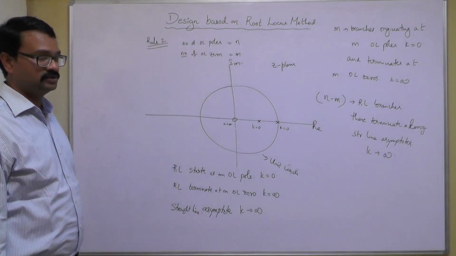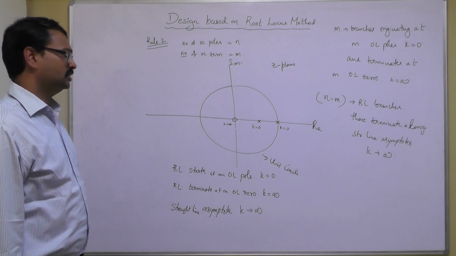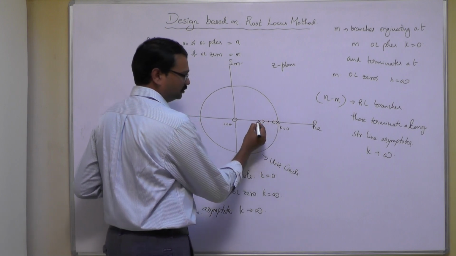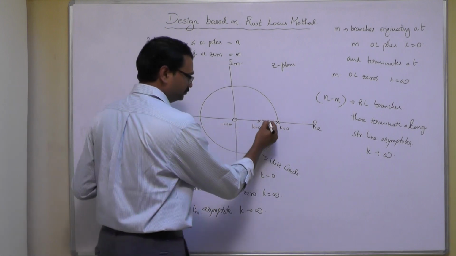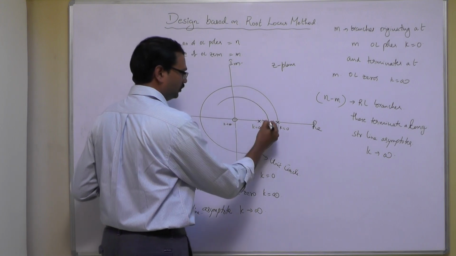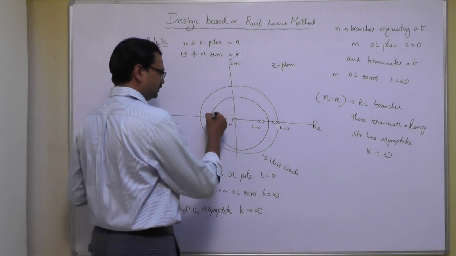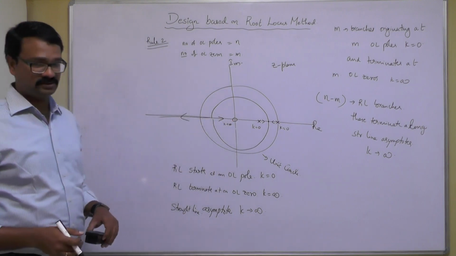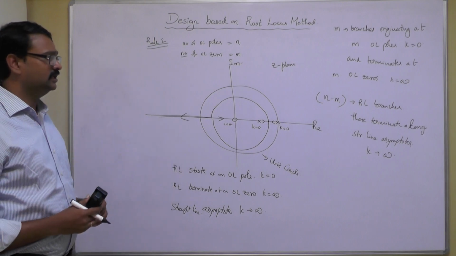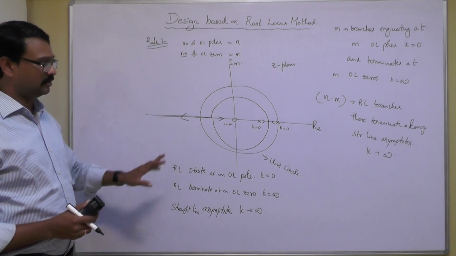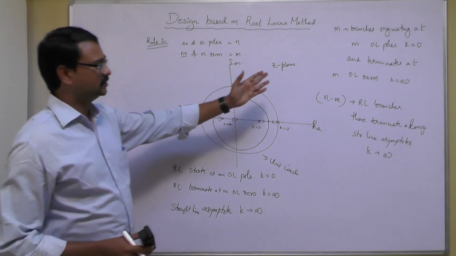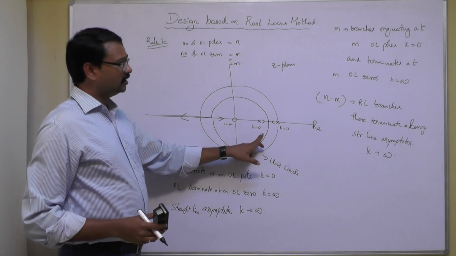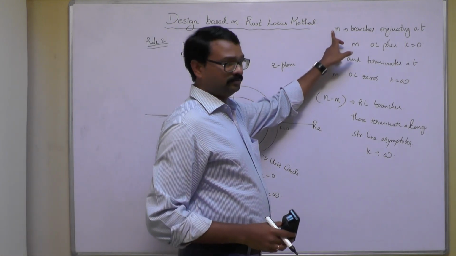The straight line asymptotes also will be having some angles. Here you can simply have both the poles start and meet here, and they tend to follow this semicircle, meet here, and one will go and terminate here, and the other will go and terminate along the straight line asymptote. So the minus 180 degree line is the straight line asymptote for this particular problem. Hope this is understood, because I have two poles and one zero.